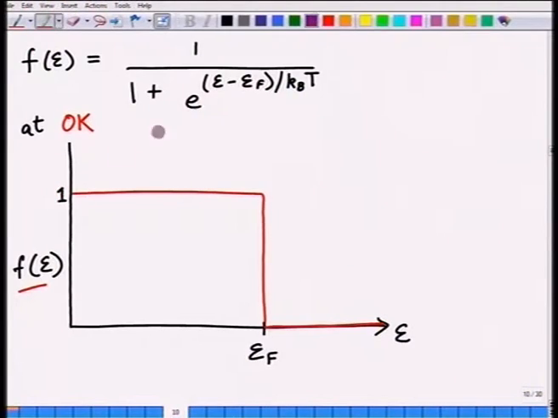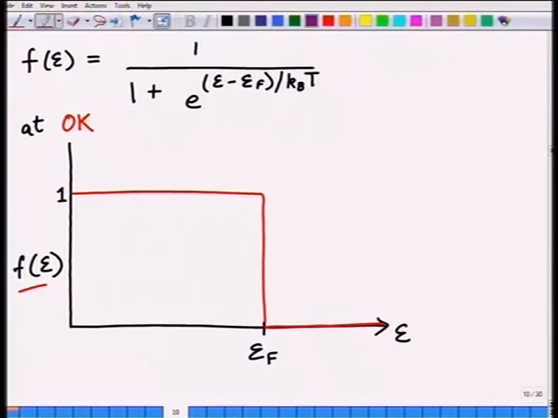That means up to EF, if there is a state, an electron would have occupied it at 0 K, and hence we did not distinguish between state and the presence of electron. And above EF, all the states were empty. The probability of finding an electron above EF was 0, and therefore even if there are states, since there is no probability of them being occupied, there were no electrons above EF.